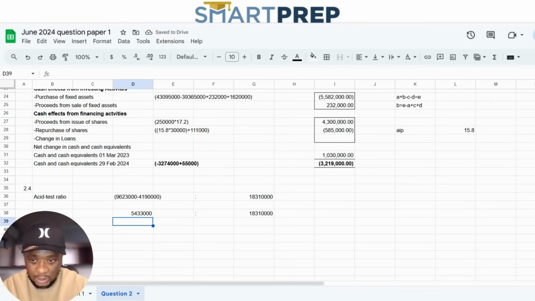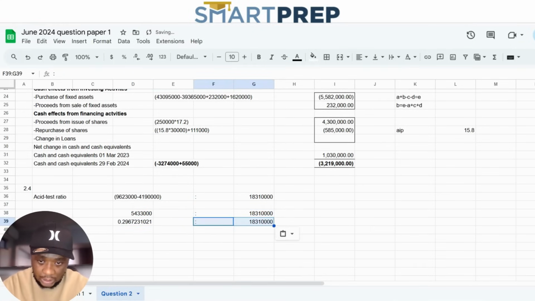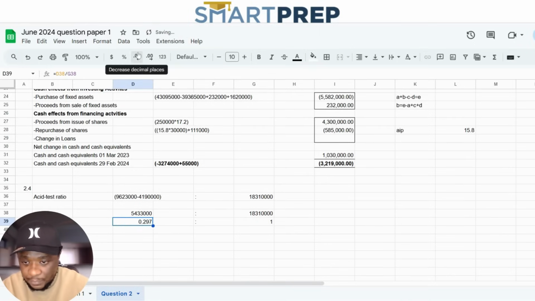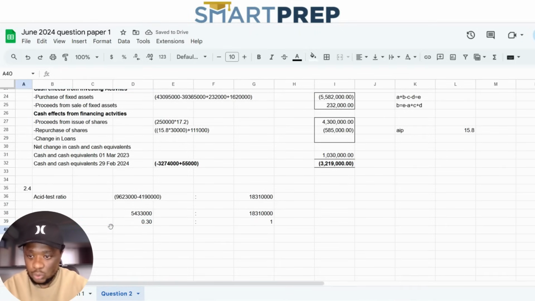If you work out the ratio, we divide by the 18 million on both sides, and if we round that off, it will be 0.3 to 1. So that's 0.3 to 1 asset test ratio, fairly straightforward.